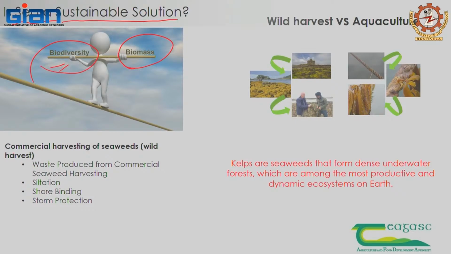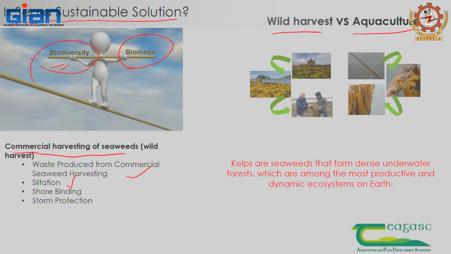When we do commercial harvesting of seaweeds, we already covered what wild harvest and aquaculture are. Those who are new can look at the previous lecture, it should be available online, to see the difference between wild harvest and aquaculture. The problem with wild harvesting is what wastes are produced from commercial seaweed harvesting, which is grown naturally.